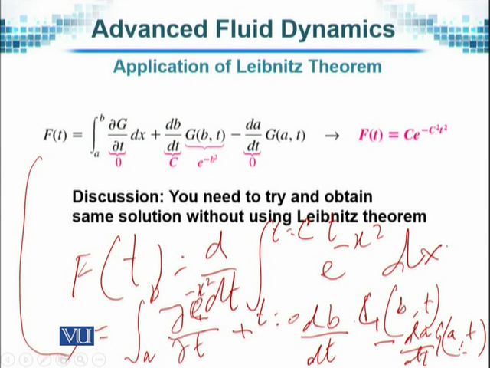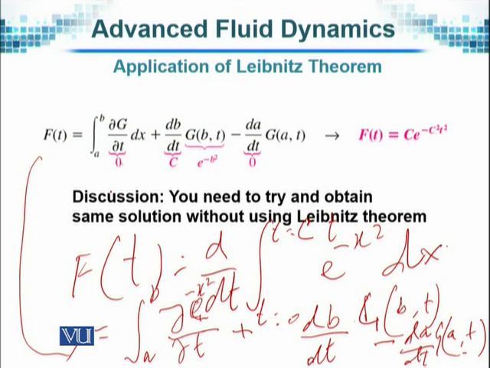When we calculate it, since there is no variable t involved in capital G, the partial derivative of the function e to the power minus x square with respect to time t will be 0.